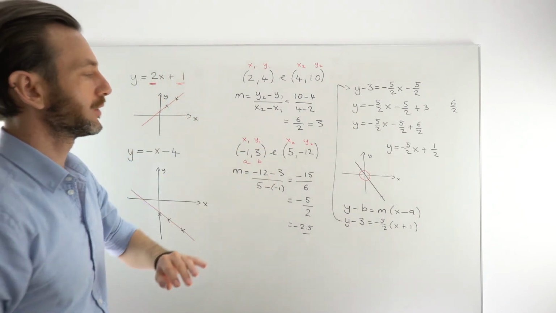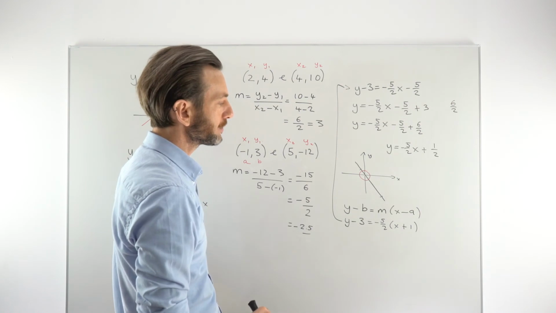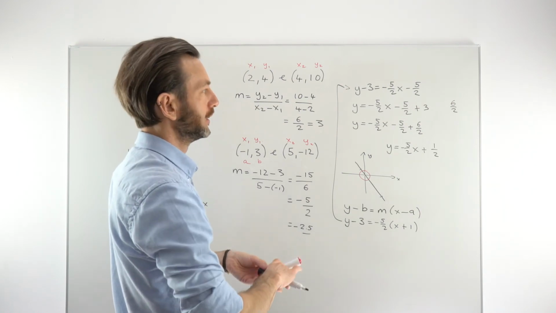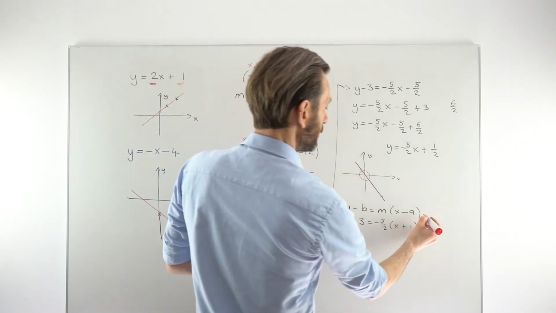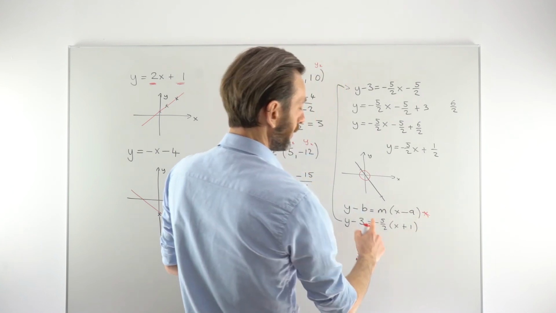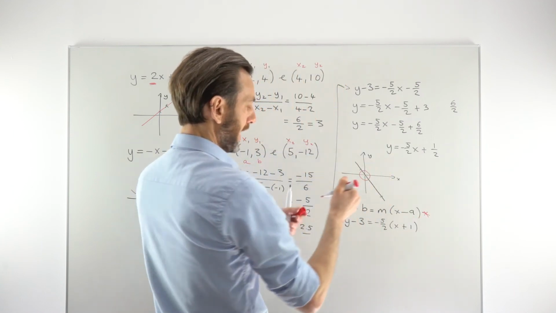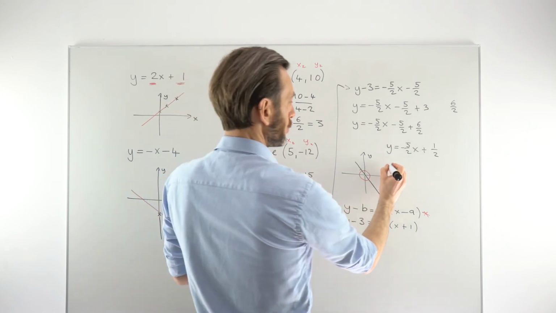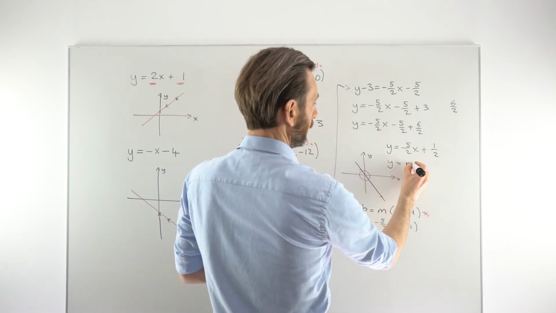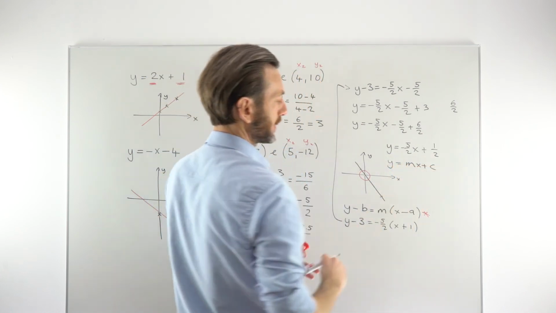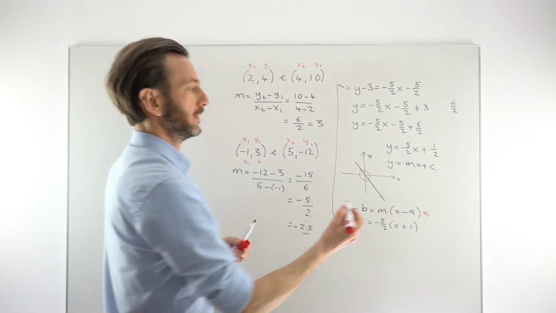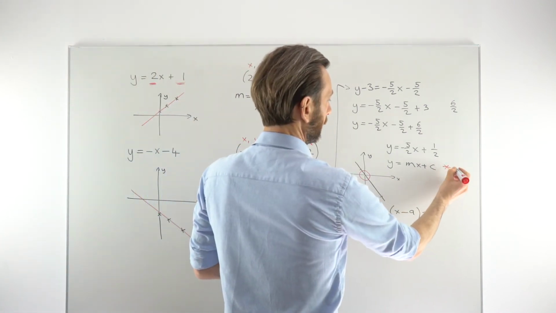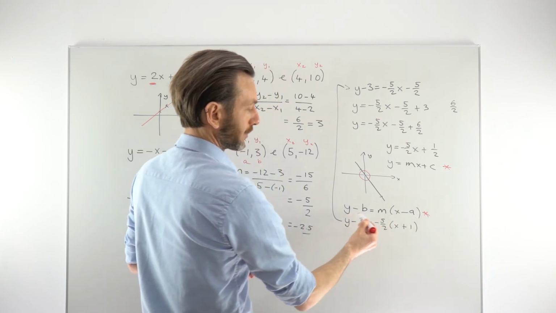So a little bit more difficult, that example. Just bear in mind that you've got the option to either use this form, even though that form will eventually take you back to the other form, which should look like y equals mx plus c. So we say that y equals mx plus c is the format of a straight line equation. This is not the format of a straight line equation.